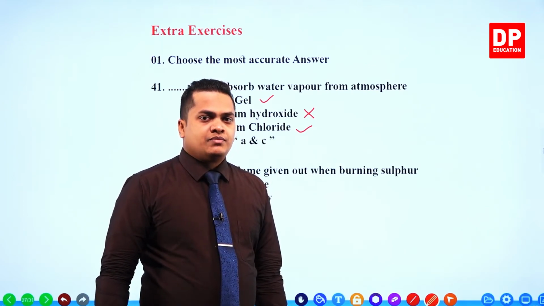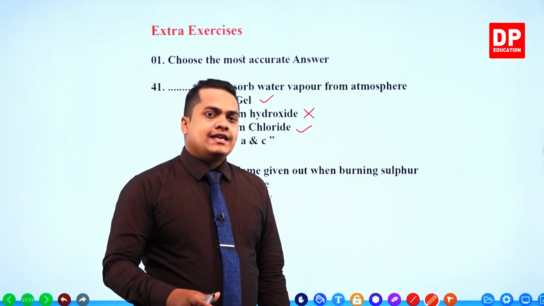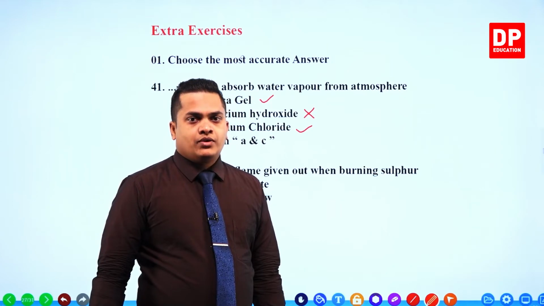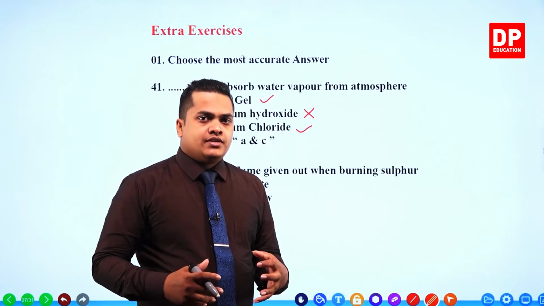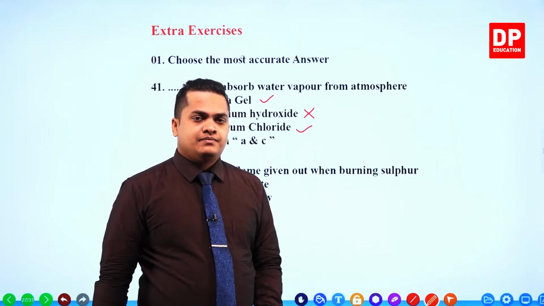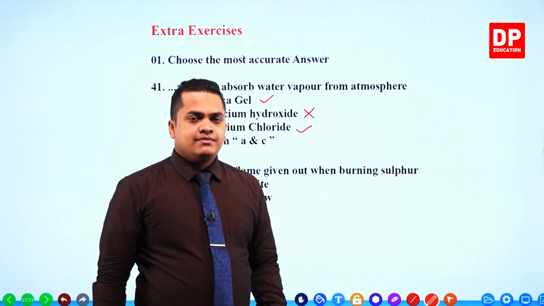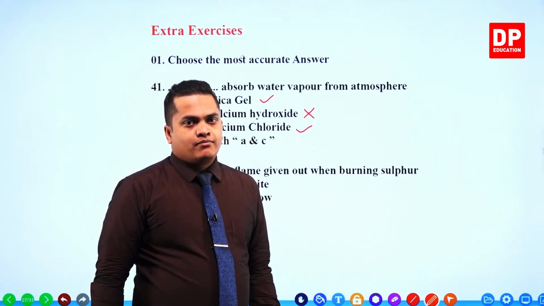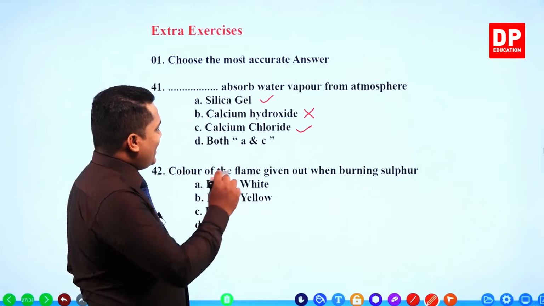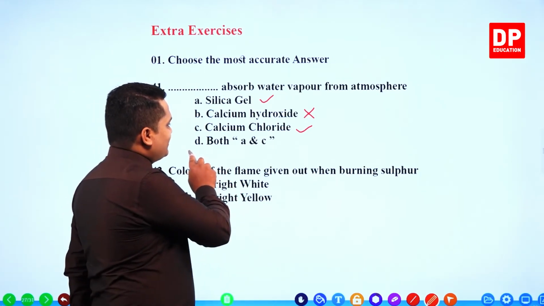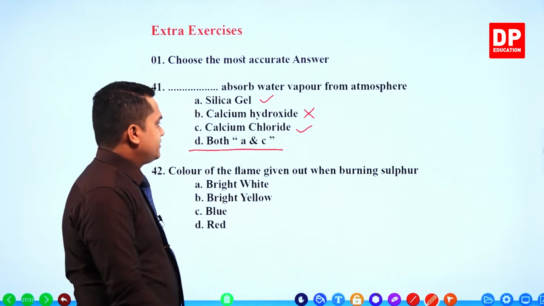By adding calcium chloride, we can absorb or eliminate the water vapor contained within that system. So calcium chloride can also be used to absorb water vapor in the atmosphere. So A and C are the correct responses. Both A and C are the answers.